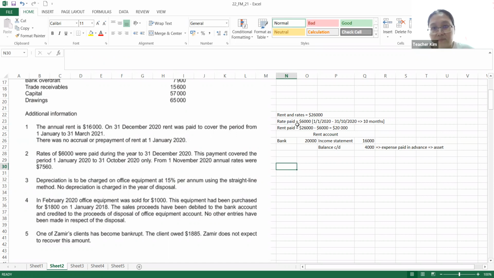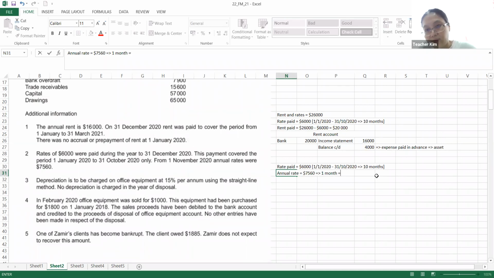So the annual rate is 7,560. If we want to find 1 month, we have to take 7,560 divided by 12. So 1 month is 630. But we only paid for 10 months.